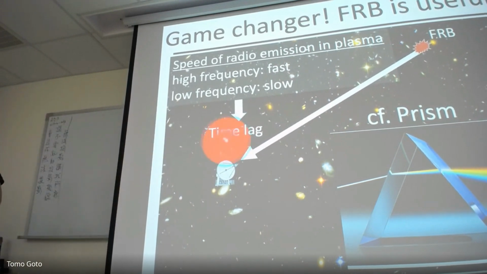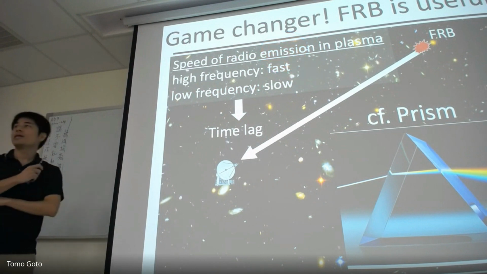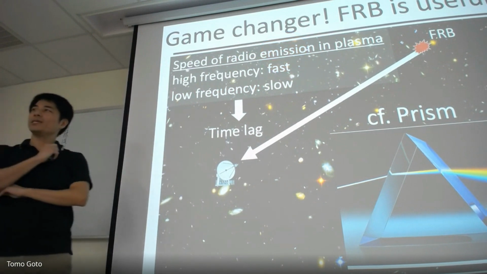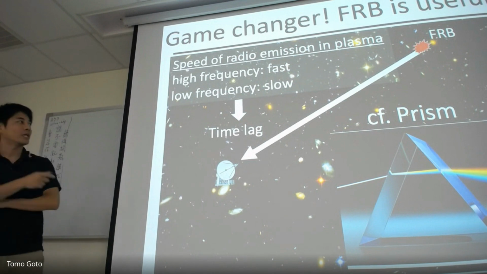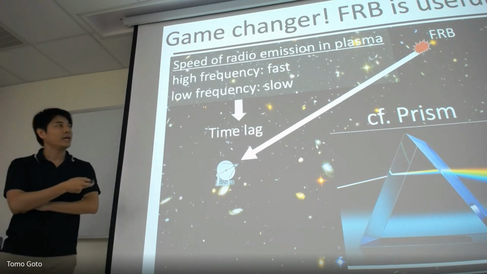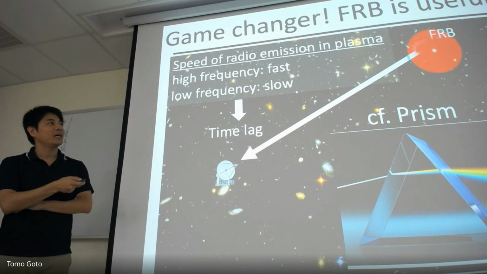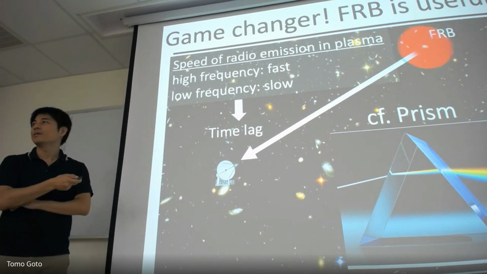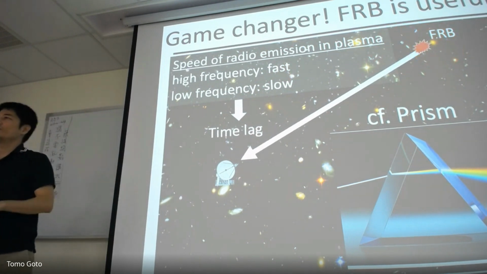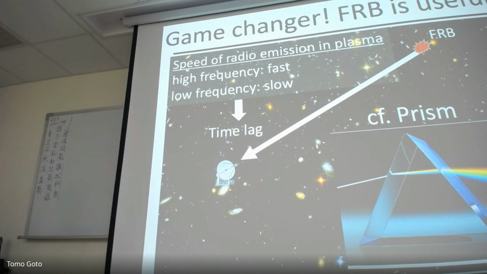If the frequency is high, it can keep the original speed of light, so relatively faster. If the radio emission is low frequency, it's more affected, and it becomes slower. So let's say there are two radio emissions coming from an FRB, high frequency and low frequency. They start at the same time and come to us, but their speeds are different inside plasma.